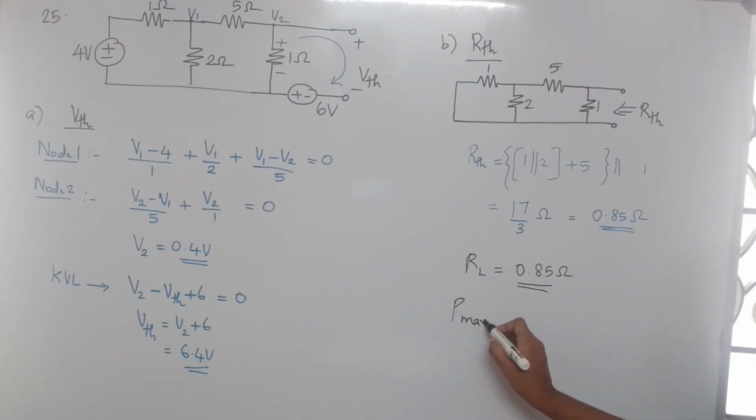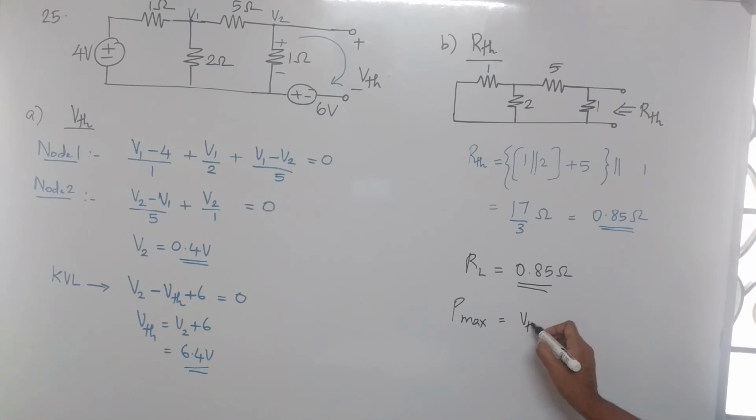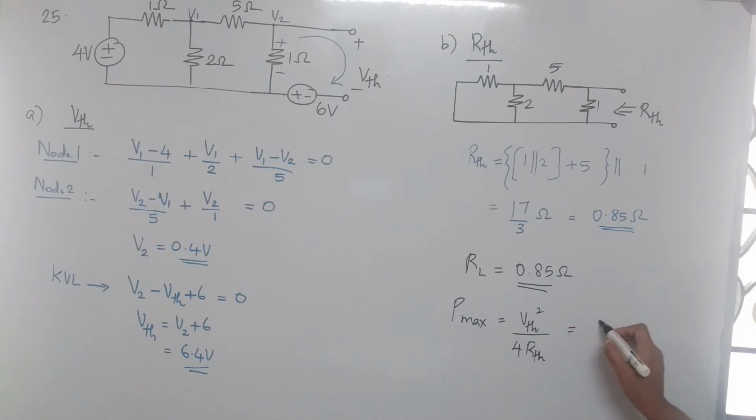Maximum power transfer is equal to VTH squared by 4 RTH, which is 6.4 the whole squared divided by 4 into 0.85, which will be 12.04.